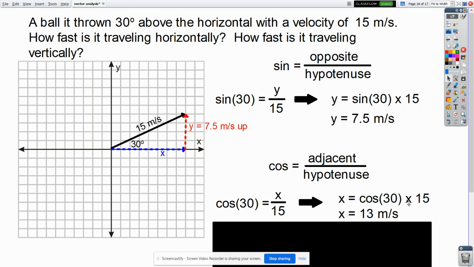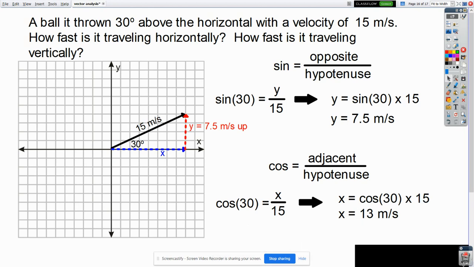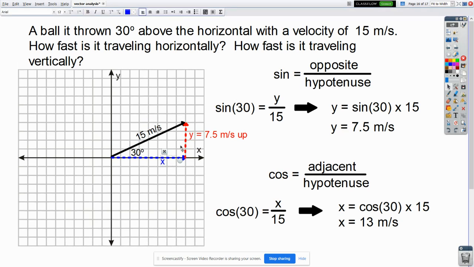X is equal to the cosine of 30 times 15. So I punch this in the calculator as cosine 30 equals times 15. That way I'm not getting the cosine of 30 times 15. That will give me 13 meters per second, and this is to the right.